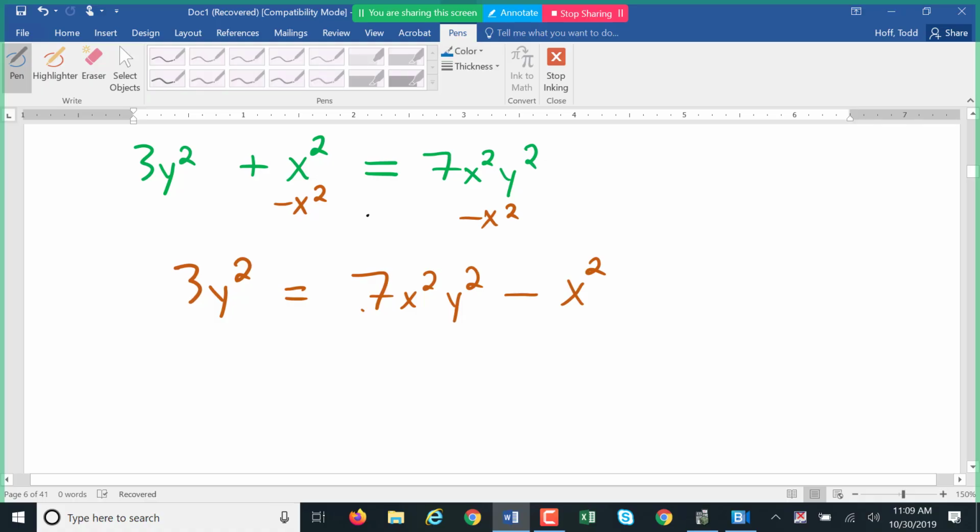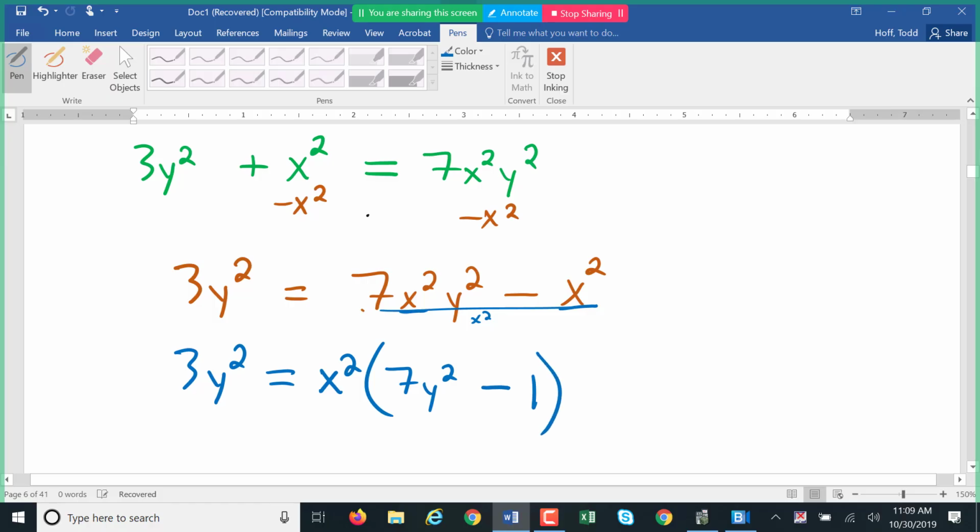Now on the right side of this equation, I have the opportunity to separate the X squared from the Y squared by factoring. I'm going to leave the left side as it is, 3Y squared. On the right side, I have a common factor of X squared, and I'm going to factor that out. If I divide this whole thing by X squared, what I'm left with is 7Y squared minus 1.